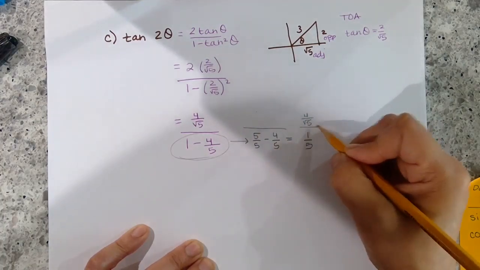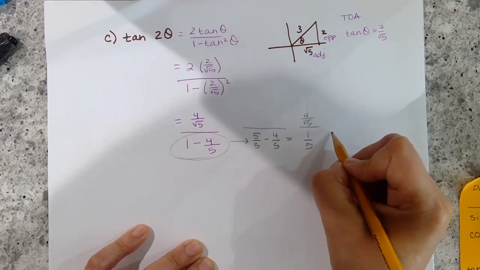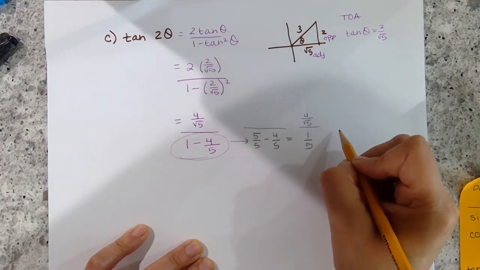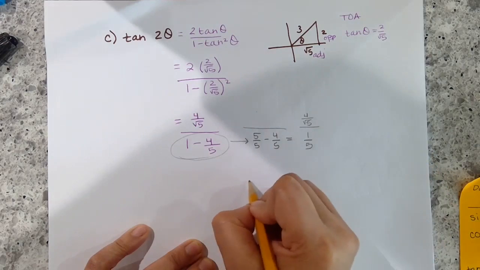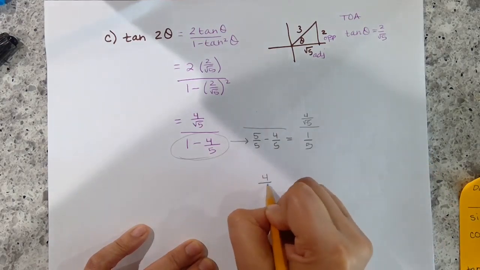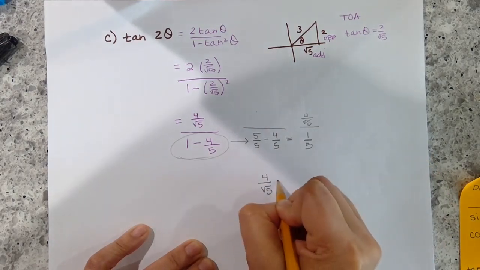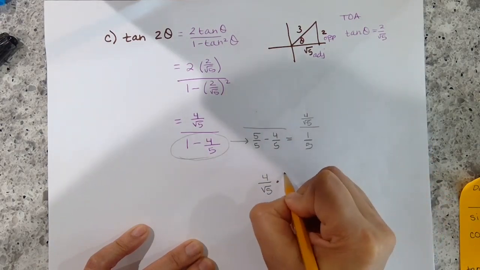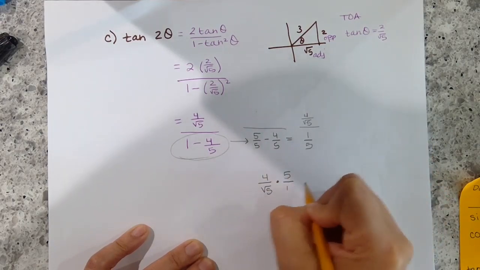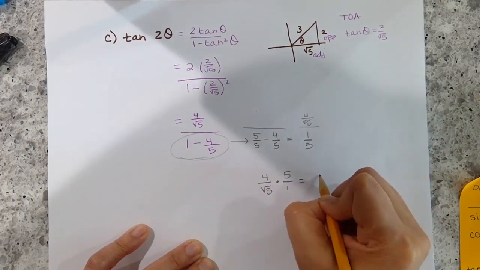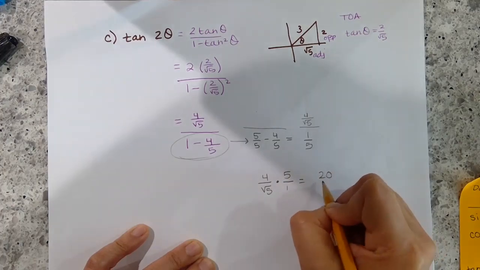Okay, so now we have this, which turns into you multiply by the reciprocal. So this is now 4 over square root of 5 times 5 over 1. So your answer is 20 square root of 5.